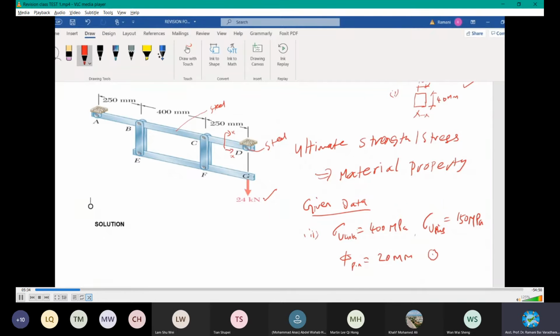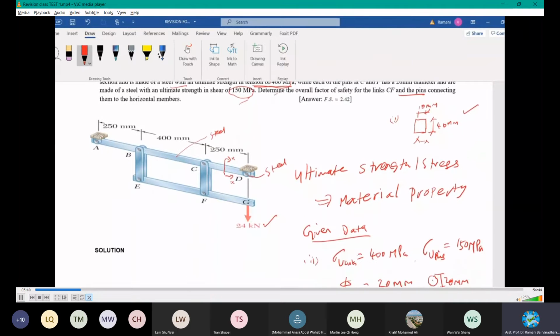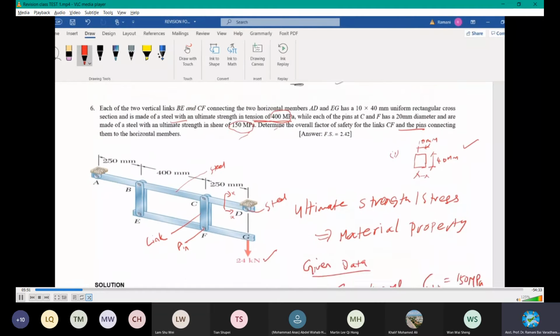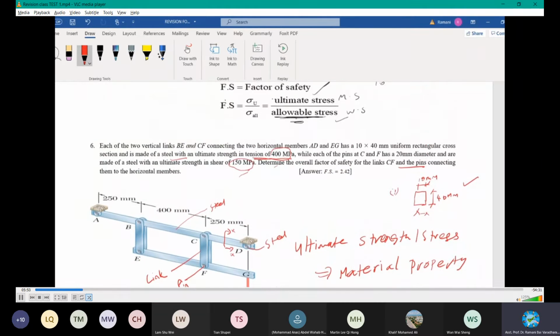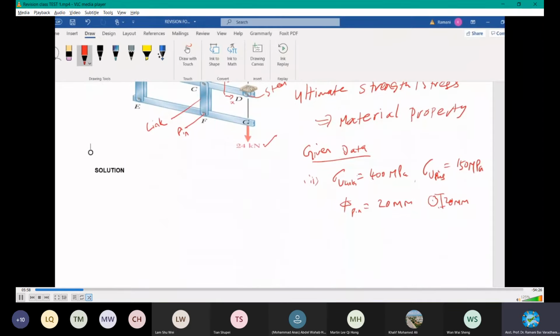The pin is a circle of 20 mm diameter. And then this is the pin, this is the pin, this is the link. What else? Connecting horizontal members. Okay, these are the conditions given to you.